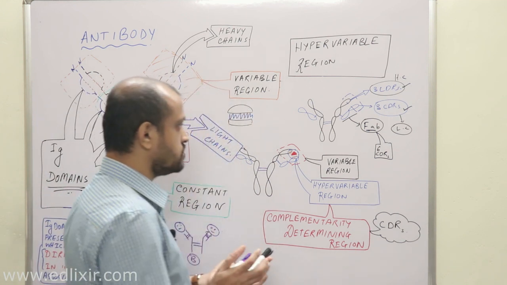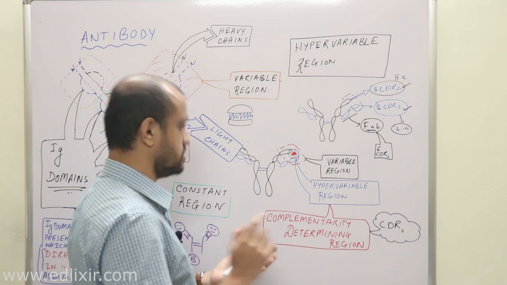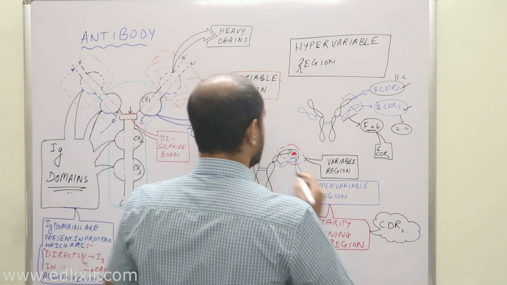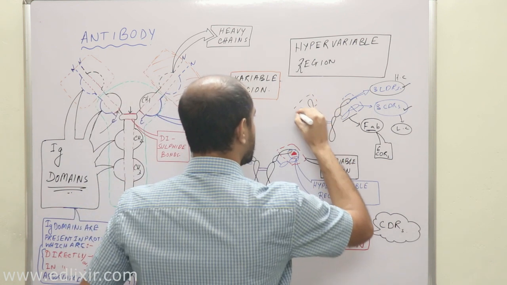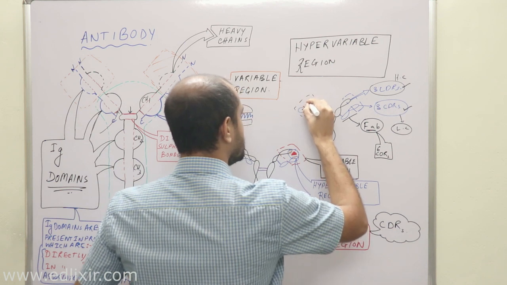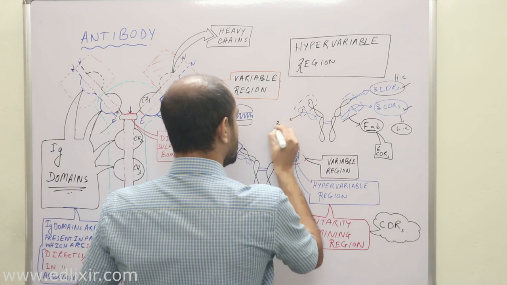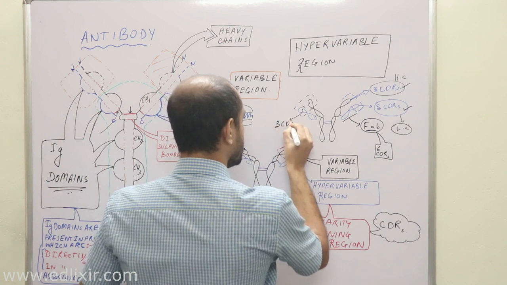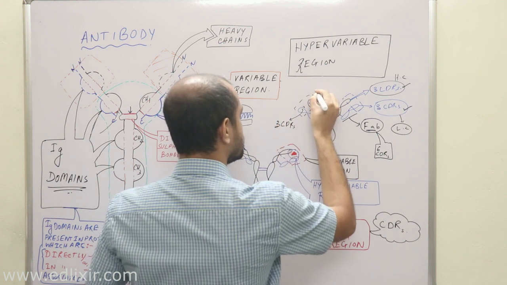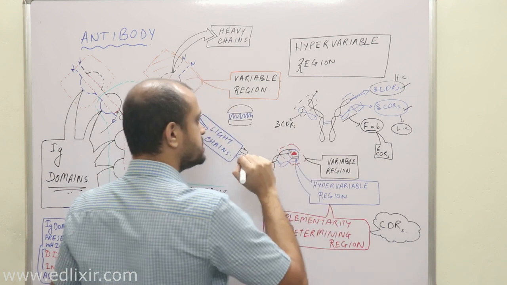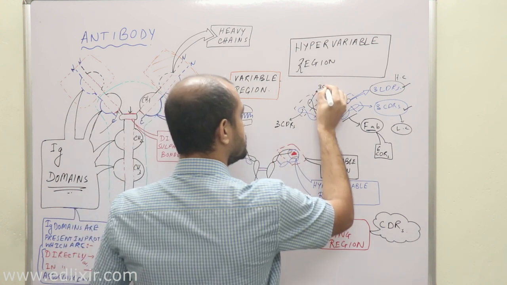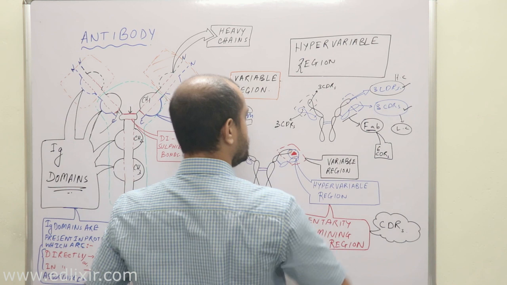Now listen with all your attention possible on this earth. That means here also, in the other hypervariable region, we get 3 CDRs in the light chain and 3 CDRs in the heavy chain.